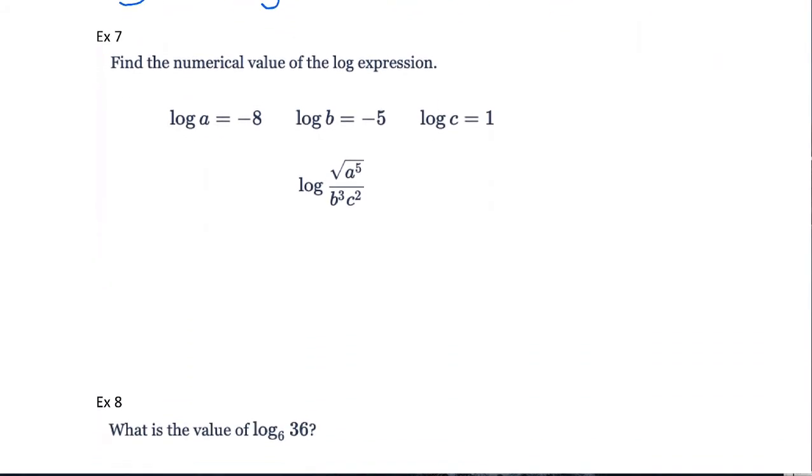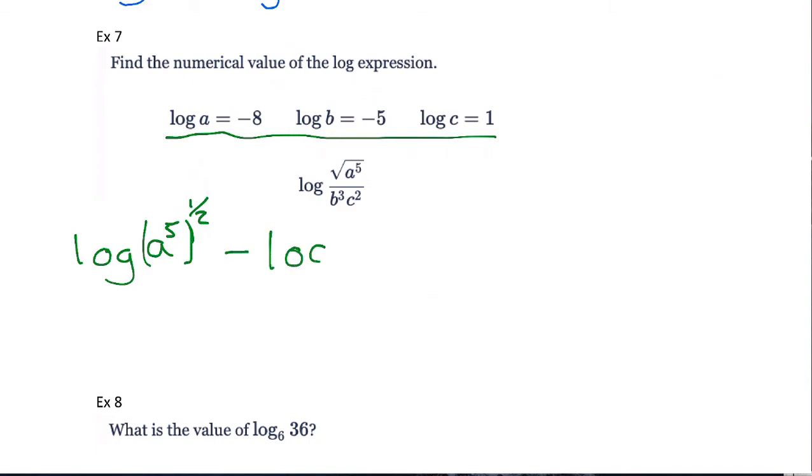So find the numerical value of this. They give you some things up here and they say, okay, well, what do you got here? Well, let's think about what this is. This is log a to the 5th, and all that's to the 1/2, right?